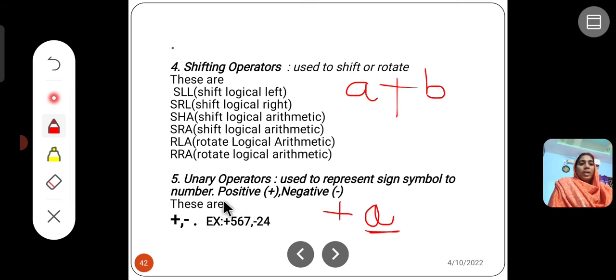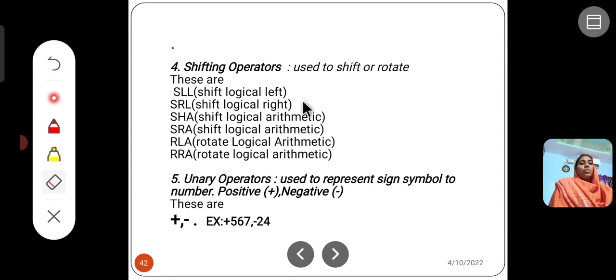The name unary itself indicates only one operand. So here we use a sign symbol, plus A or minus A. This is an example of how we can assign signs to a variable using unary operators. Unary operators are used before a single object, whereas for arithmetic operations we use them between two operands.